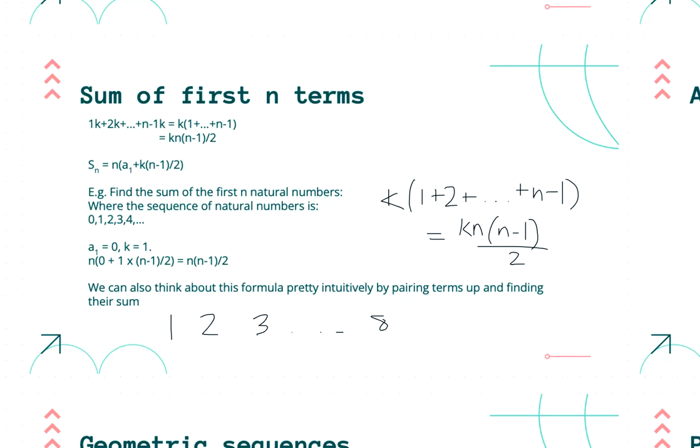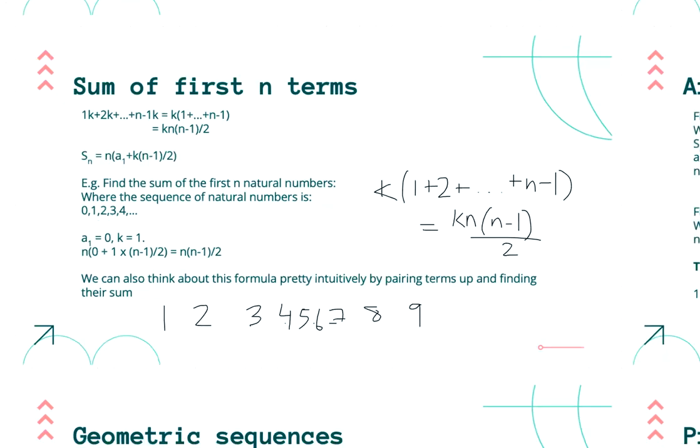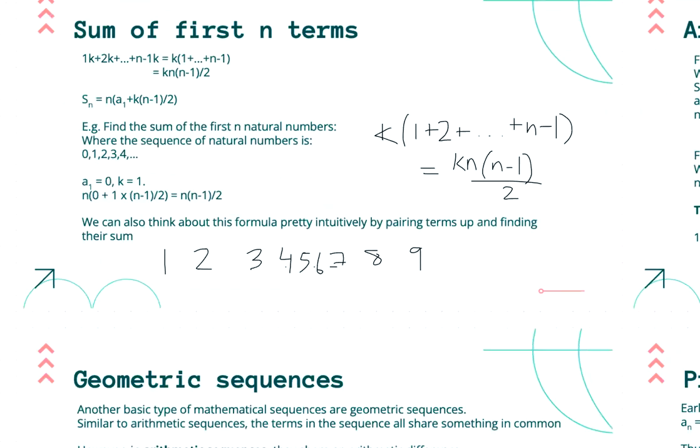Okay, so we have our integers from 1 to 9. And then we're wondering, how can we really quickly find the sum of the sequence, right? Because sometimes when sequences get long, they can be pretty tedious to add up one by one.